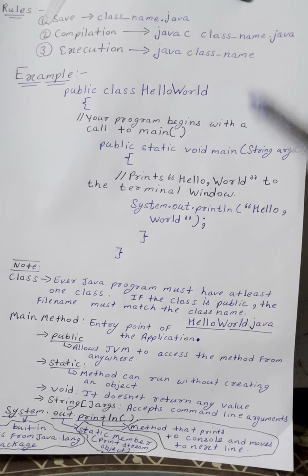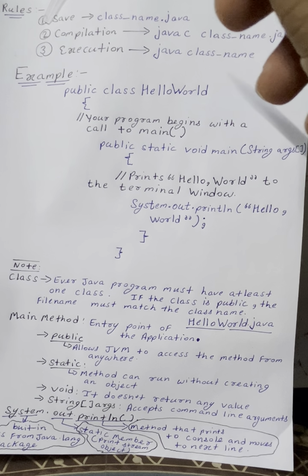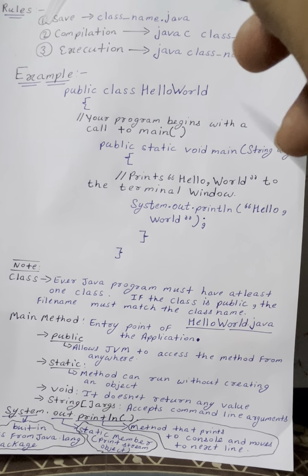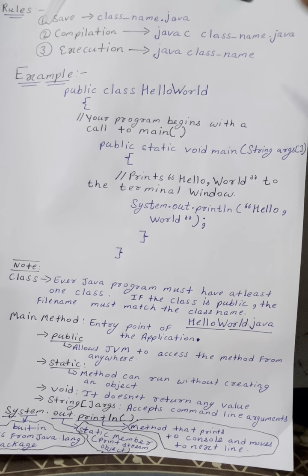So we have to save the file with the same name as the class name, and for compilation, we write javac class name .java, and for its execution we then write java and class name.